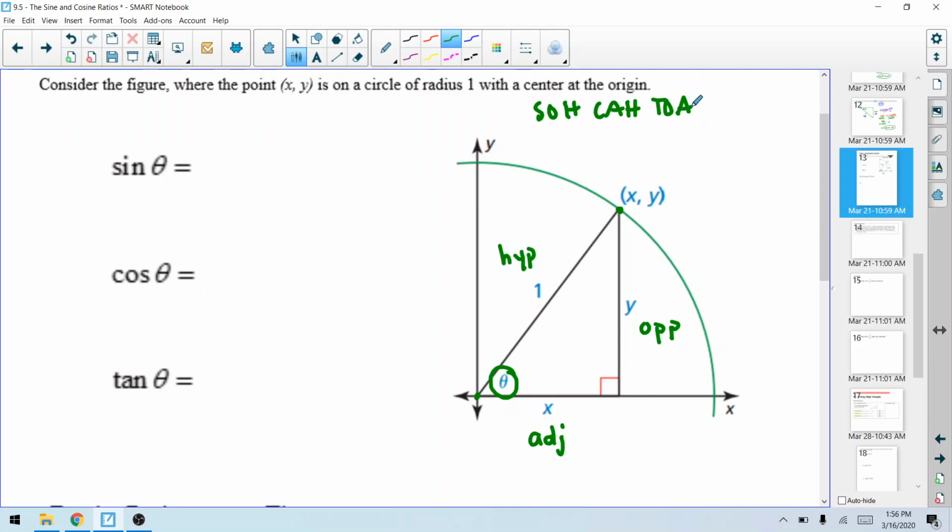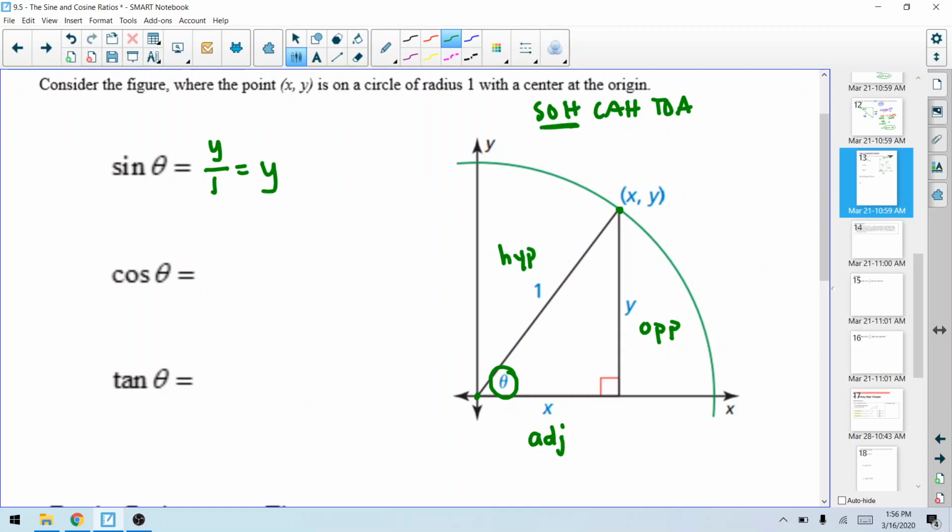And if you take a look at sine of theta, sine is O over H. So on that triangle, O, your opposite side is y, and H, your hypotenuse, is 1. So that's going to give us the ratio of y over 1. Then I want you to think about that and go, okay, well, y over 1, anything divided by 1, same thing.